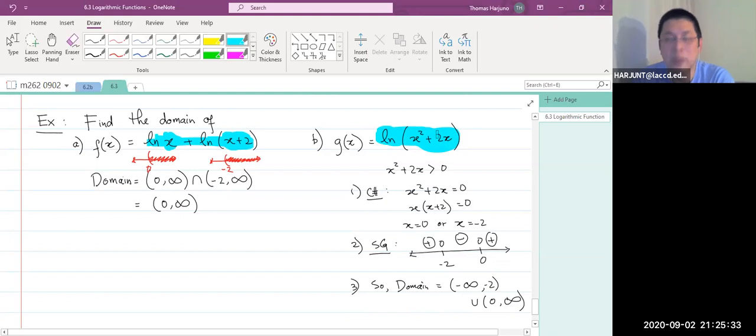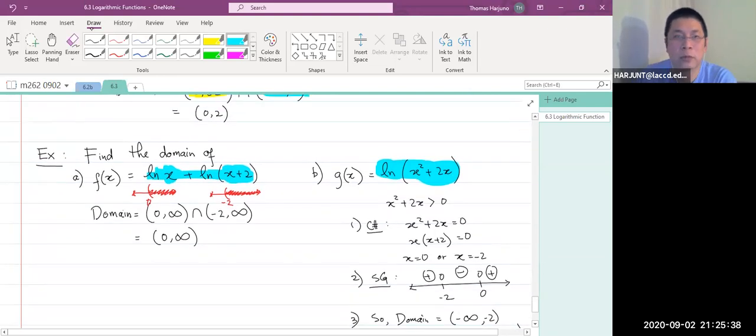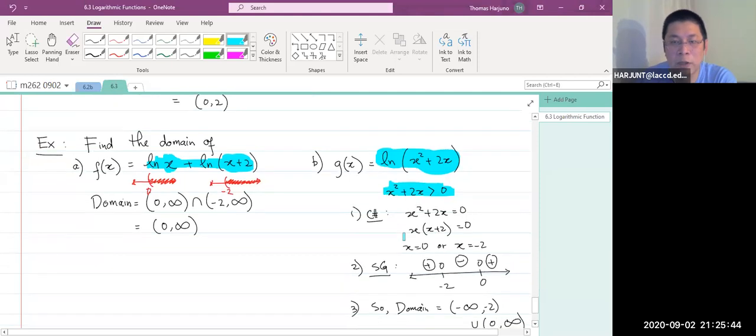What you need is the product to be positive. But the product can be positive if both of them are positive, either x and x plus 2 positive, or both of them negative, x and x plus 2 negative.